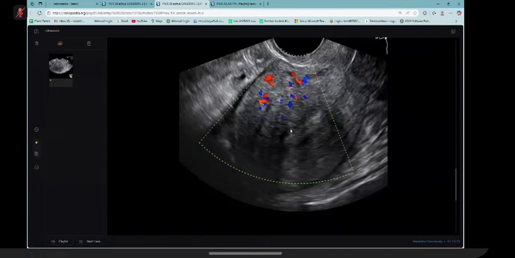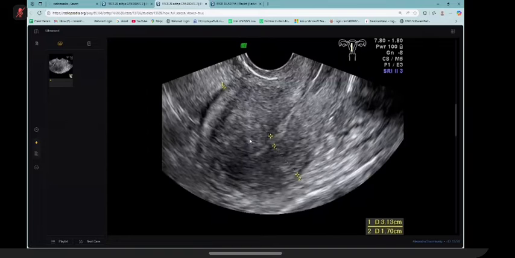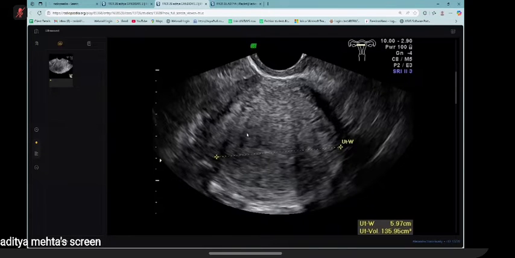There are small irregularities at the anterior aspects of the junctional zone. The loss of hypoechoic line of the junctional zone, and also on the color Doppler image, there is increased vascularity along the anterior myometrium. Both adnexa are not provided in these images.